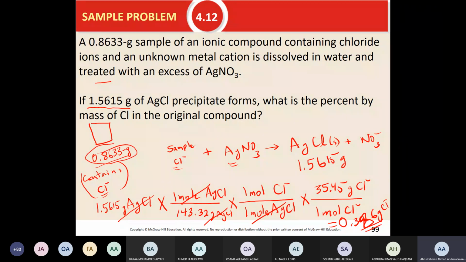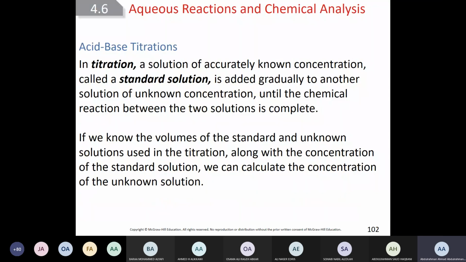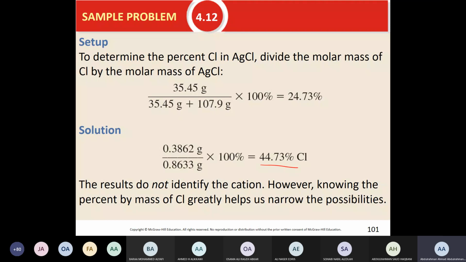What's the percentage? 44.73 actually is the correct answer, which is acceptable. I hope this is clear. We discussed this last time, so I just want to review it.